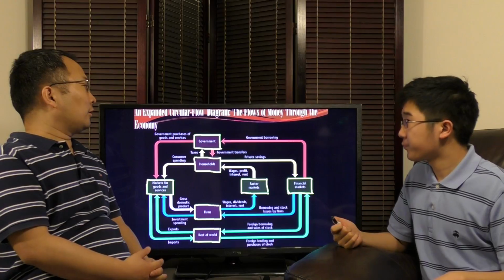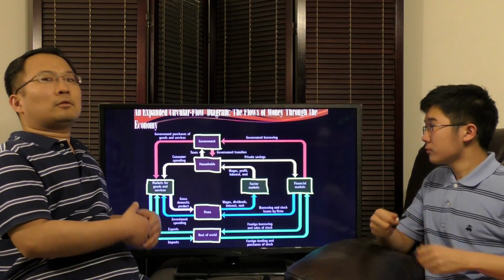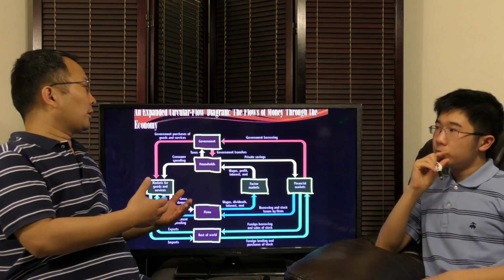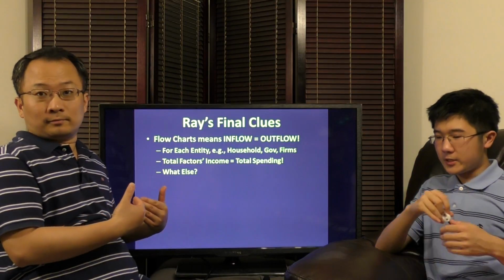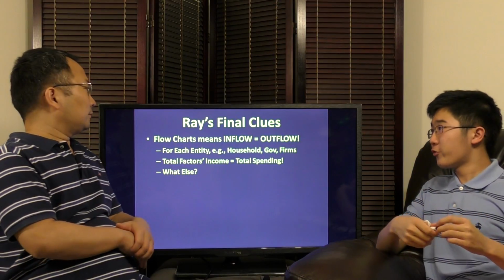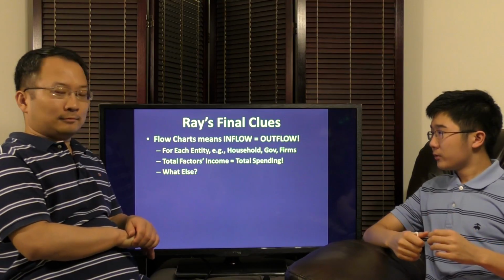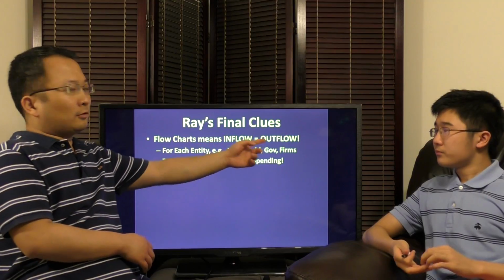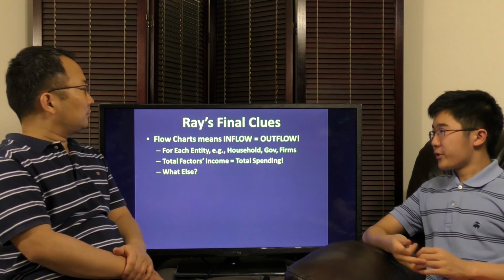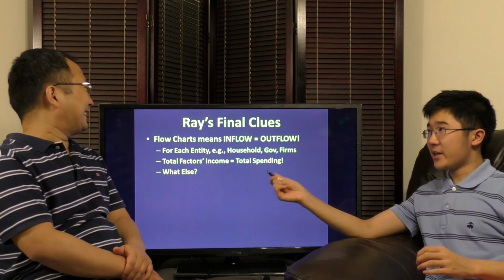Also just remember, all your services and products provided can be in exchange for the money flow, and money flow just reinforces the fact that inflow equals outflow. So for each entity, just remember the inflow has to equal the outflow. From that, for instance, we can deduce total factor income equals total spending, as we just mentioned.